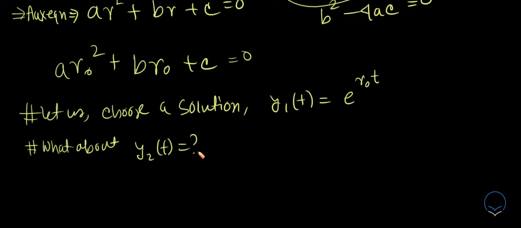So y2 cannot be written as some alpha y1 where alpha is a scalar.